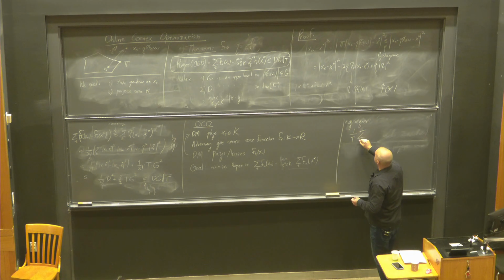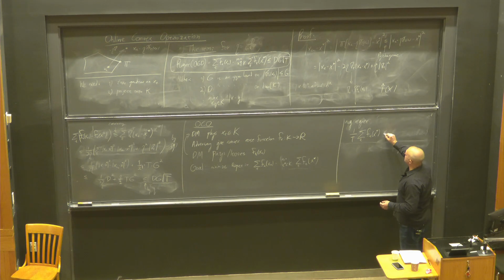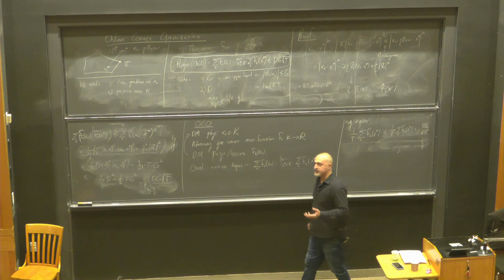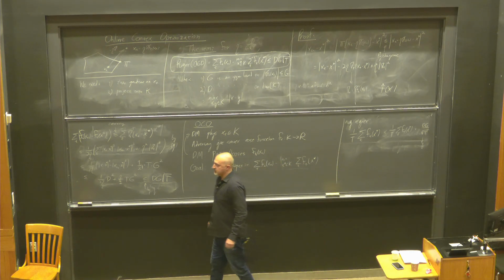One over T, summation over t, f_t of x_t. I claim this is less than one over T, summation over t, f_t of x star, so this is the average payoff, plus something that looks like DG over square root T. So this goes to 0. So on average, I compete with the best point in hindsight.